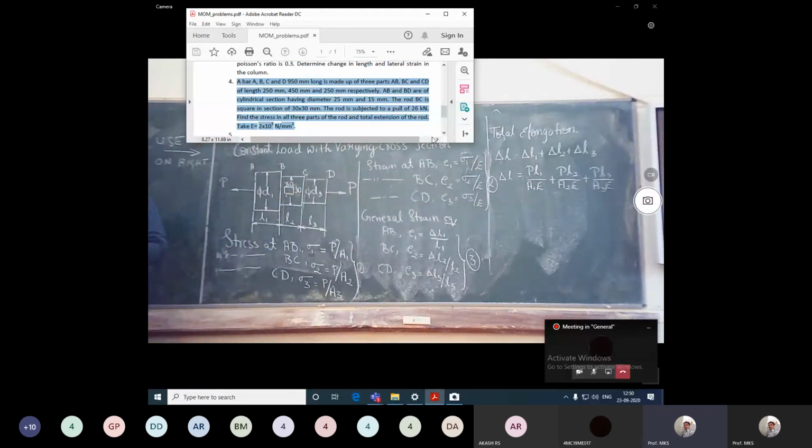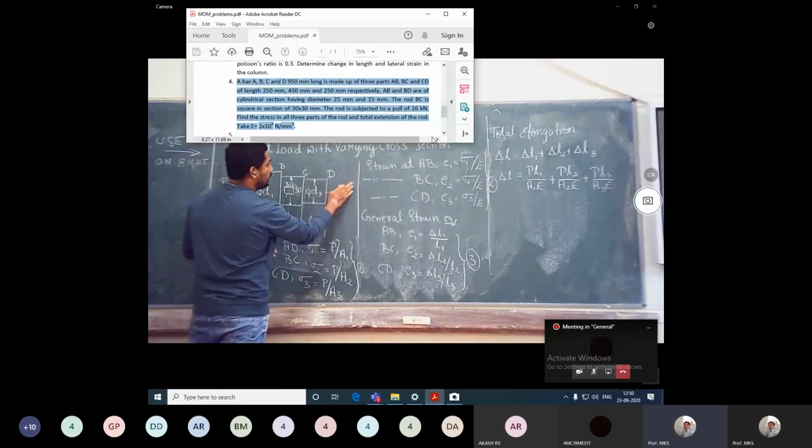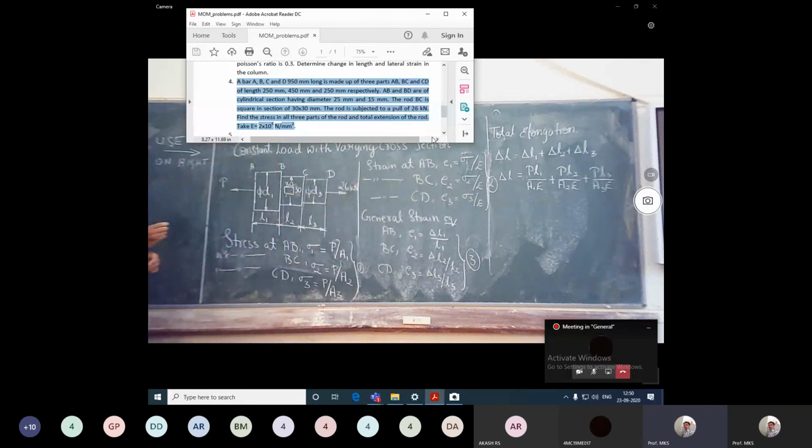The rod is subjected to a pull of 26 kilonewton on both sides. Find the stress in the three parts of the rod and also the total elongation of the rod.